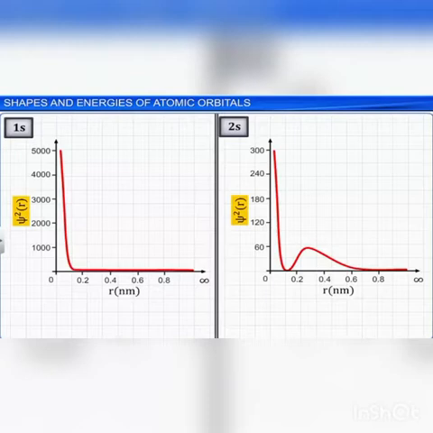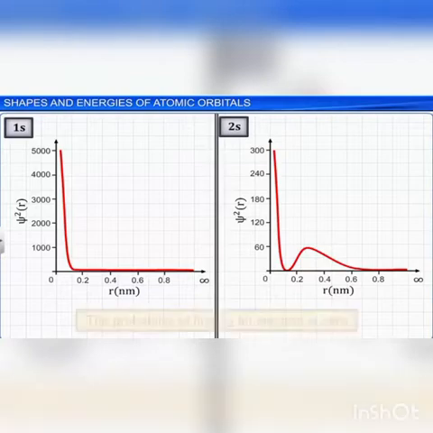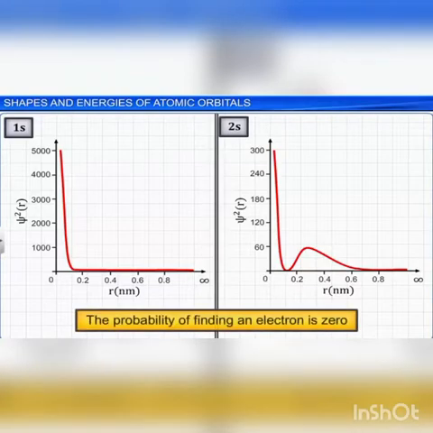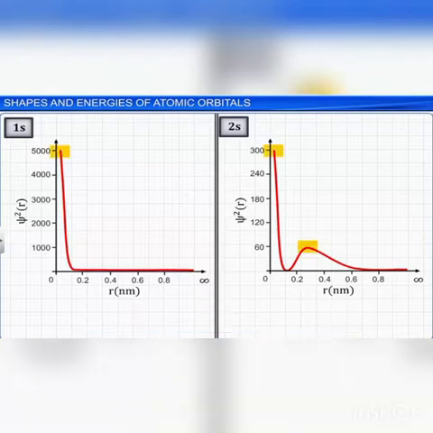The following are the important conclusions that can be drawn from these plots. At r equals 0 or infinity, that is, at the nucleus or at infinite distance from the nucleus, the probability of finding an electron is 0. The peak of the curve indicates that the probability of finding the electron at this distance is maximum.